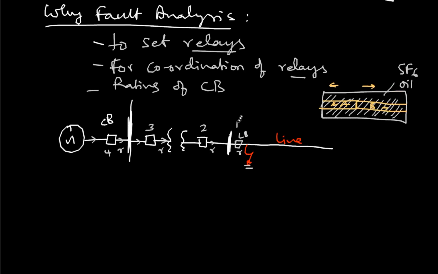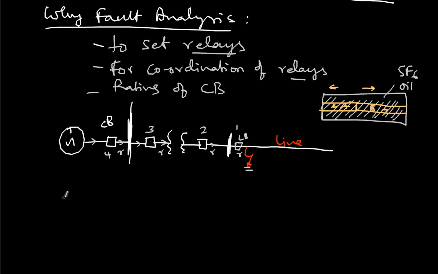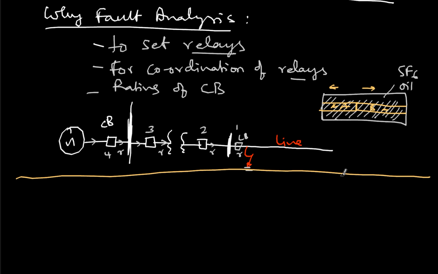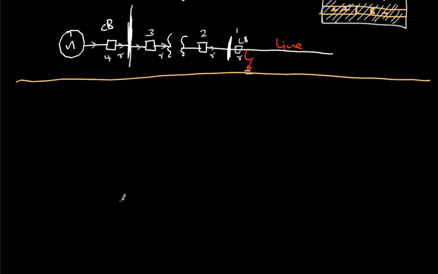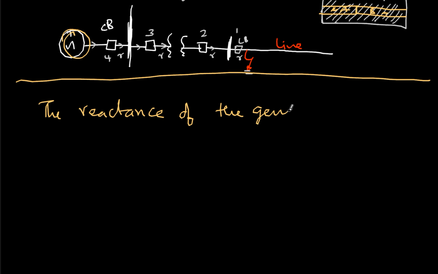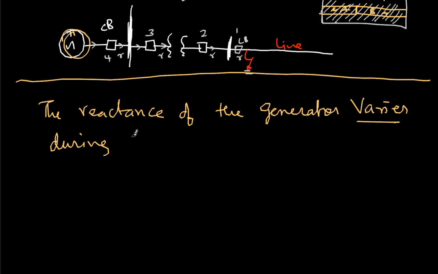Yeah, let me also cover one more point in this before I go to example problems. So the point is, you study this generator. The reactance of the generator varies during the fault.